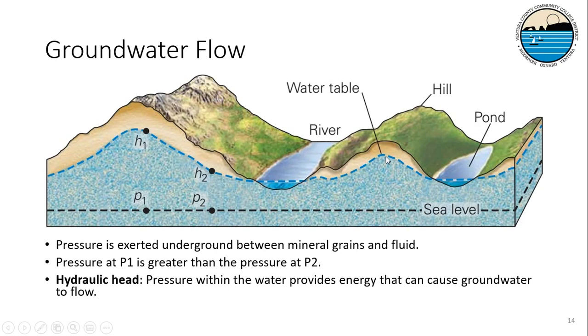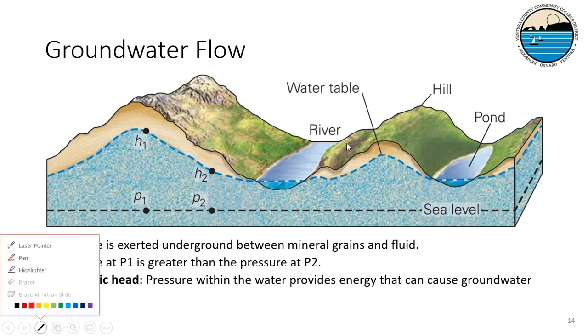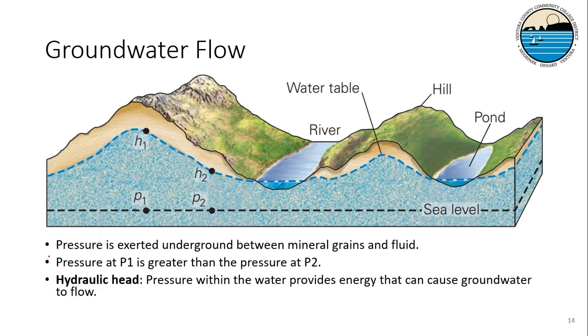Now, if we look over at this other hill, if I were to name this point H3, and this point up here H4, which way do you think flow would move? Well, we've already established that water is going to go this way.